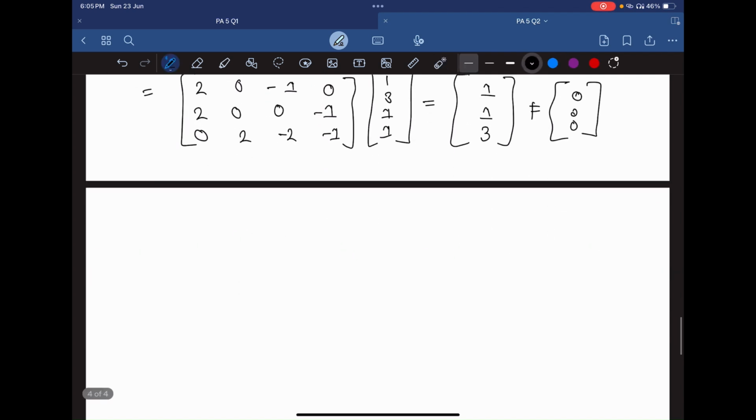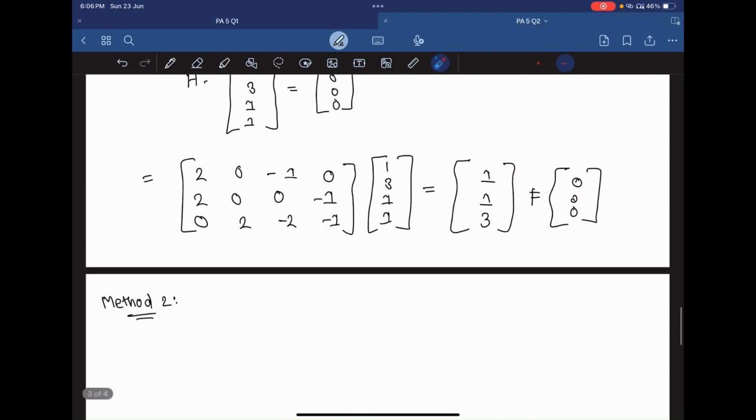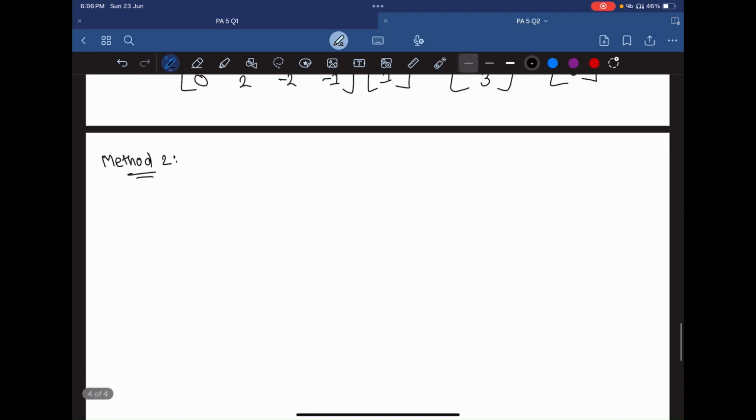And if we try finding the basis for the null space, for that we need the reduced row echelon form for the matrix A, and that was 1, 0, 0, negative 1 by 2, 0, 1, 0, negative 3 by 2, 0, 0, 1, negative 1.